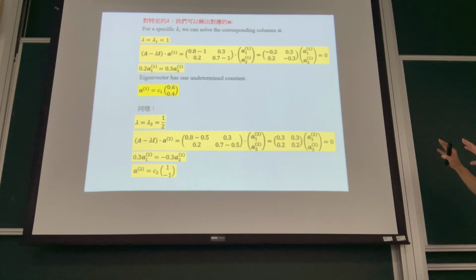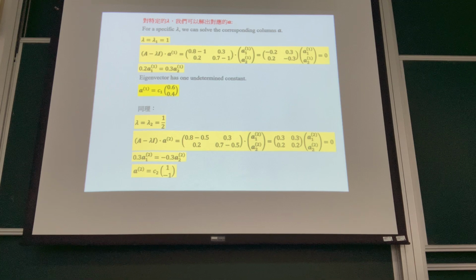I'll review that part later, maybe in the next hour. But most of you can do most of it. So the procedure here can be easily generalized to a 3 by 3 matrix. We get 3 eigenvalues and 3 eigenvectors.